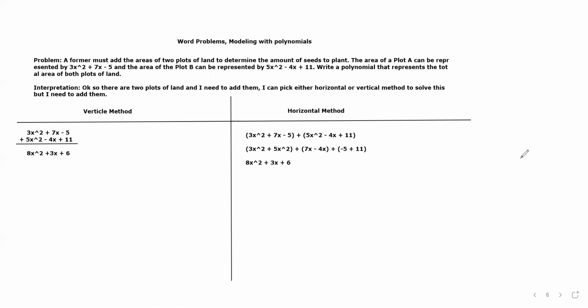Now, for the vertical method, I literally just grabbed the first polynomial that you told me. And keep in mind, this is adding. We've identified that we're adding, so it doesn't matter which one goes on top and which one goes on the bottom. You're going to get the same result either way. But in this case, the first one that they told me, the 3x squared plot of A, right?